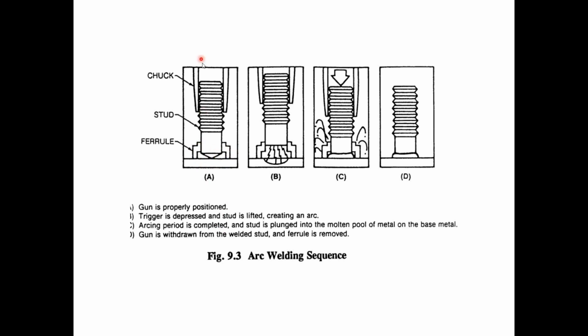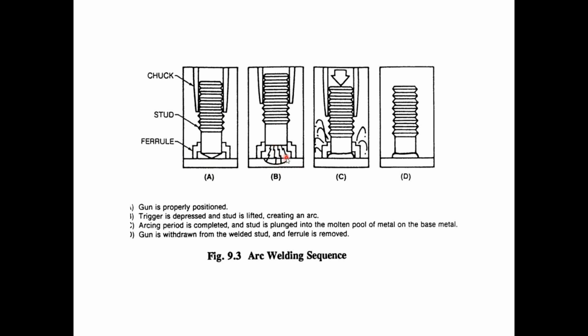And so what happens is you position it so that the two pieces are in contact, but you haven't pulled the trigger yet. Then you pull the trigger, and the stud is lifted slightly. These are very slight distances we're talking about. What it's doing is creating a spark, almost just like a spark plug in your car, and that electricity is transferred between the two.